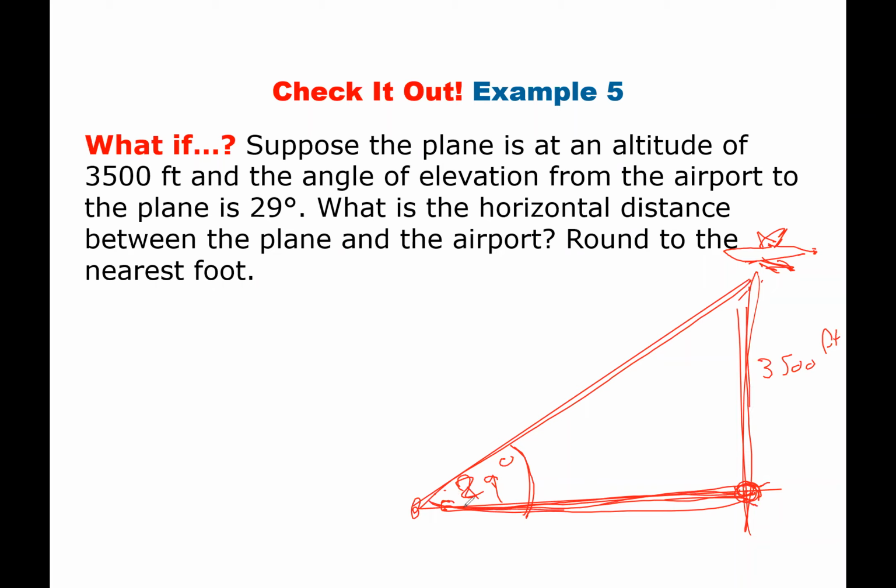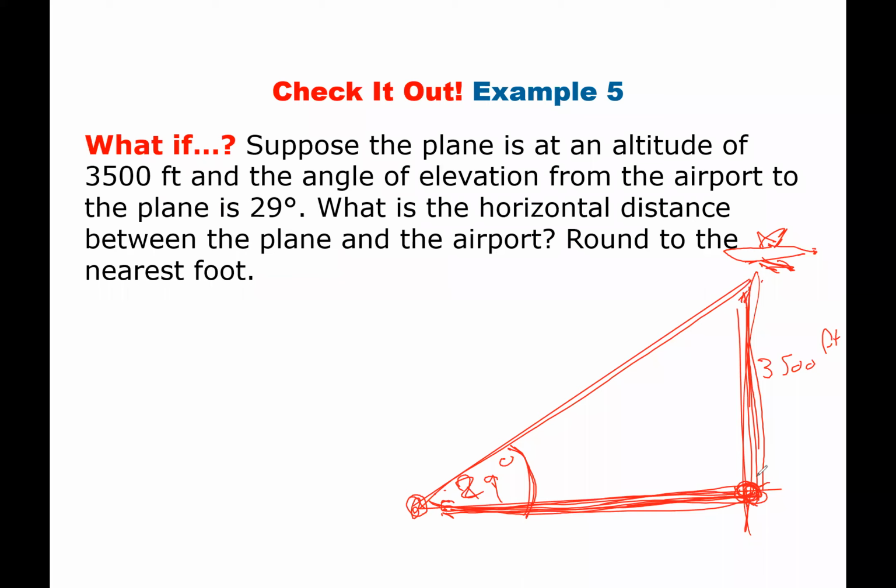How can you find this distance? You have the opposite and you need adjacent, and you have sine, cosine, and tan. Which of these functions can you use to find the length of this horizontal? Sine or cosine or tan? Tan. You have the height and you need the adjacent. So the side between this vertex and this vertex is the adjacent according to this angle, and you have the opposite.